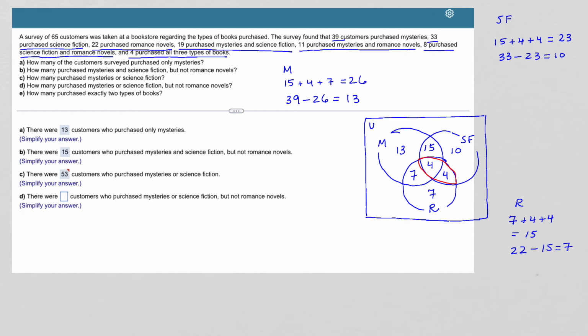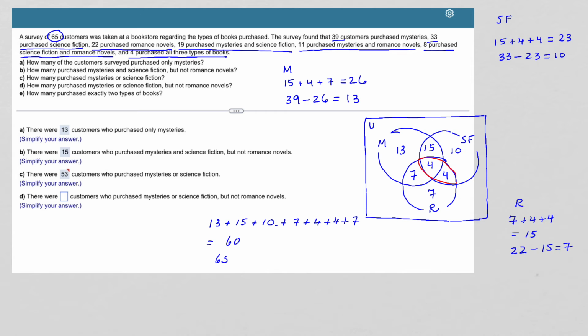So now I'm going to add up all of those numbers and compare that to the 65 customers. So we have 13 plus 15 plus 10 plus 7 plus 4 plus 4 plus 7. And this adds up to 60.